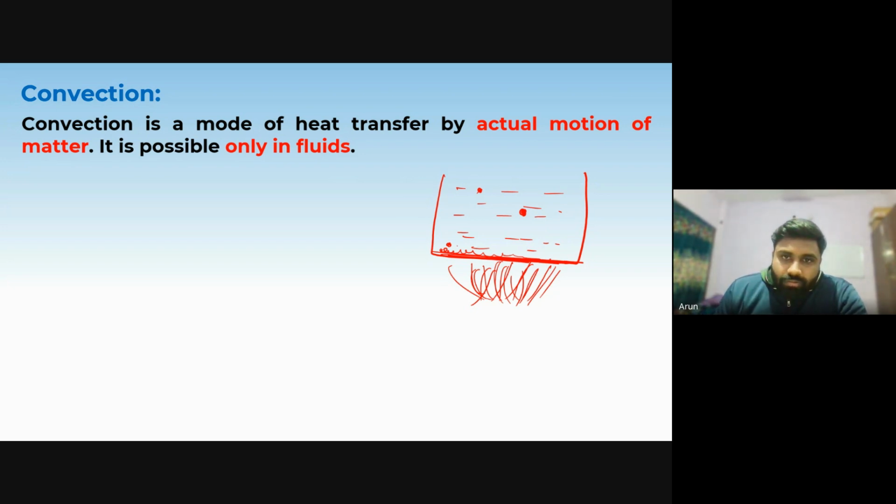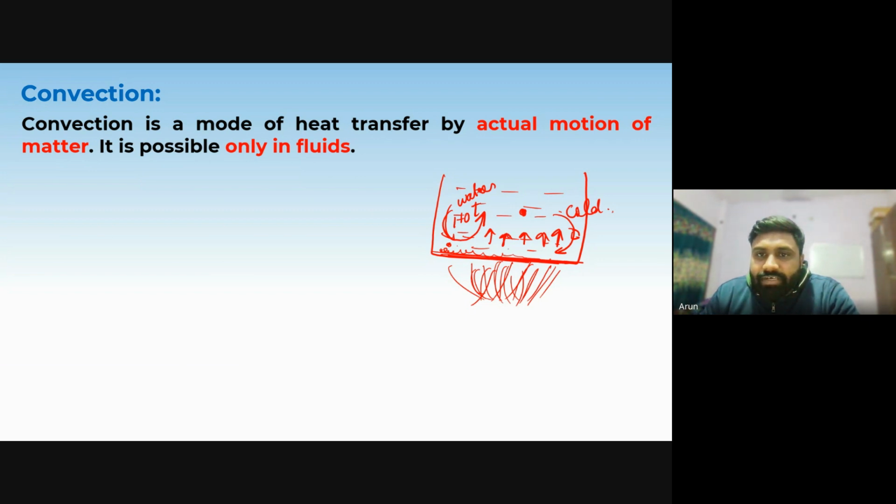So this hot water will start moving up. To fill this space, the cold water comes down. This is cold water. So that is why the heat has been shifted to this point. Now you understand. But in this mode of heat transfer, the water itself has to shift.